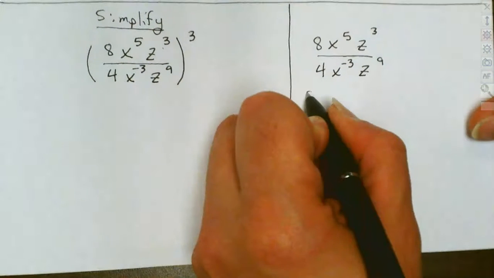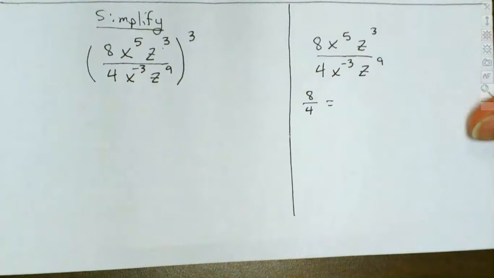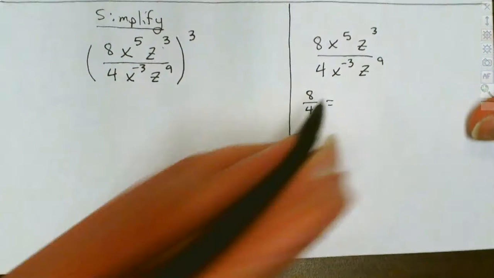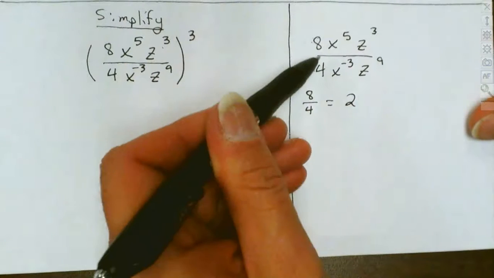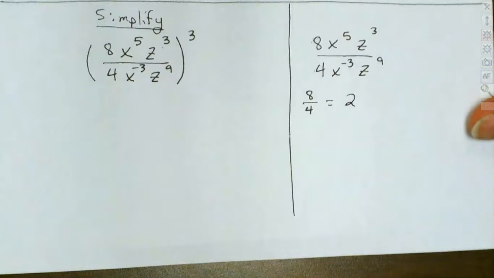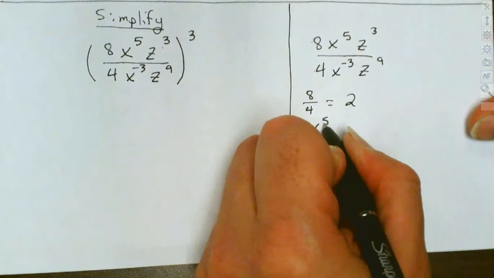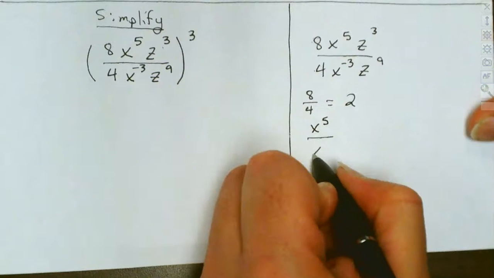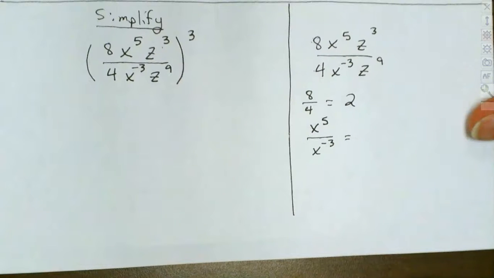So let's first look at 8 over 4. Well, 8 over 4, what does 8 over 4 reduce down into? 2. So that's gone. Okay, so we just did their numbers. 8 divided by 4 is 2. What about the x part? What about x to the fifth over x to the negative third? That's going to make us apply our quotient rule. And so when we divide, what happens with our exponents?